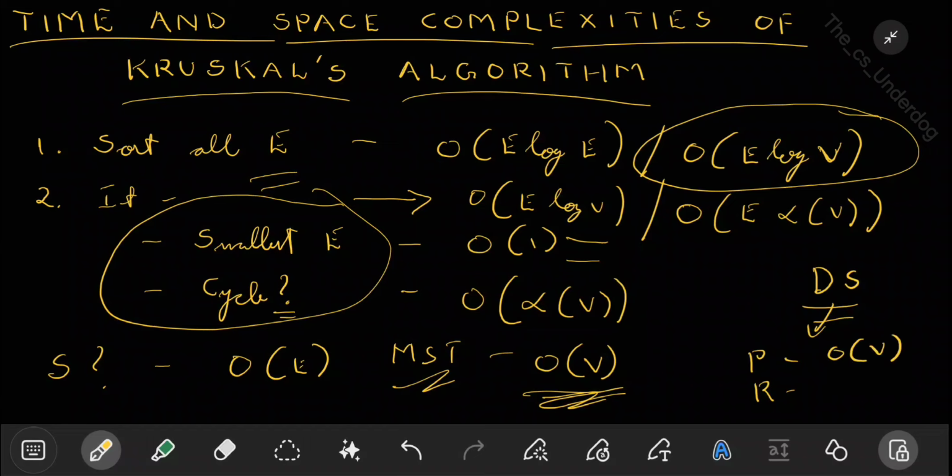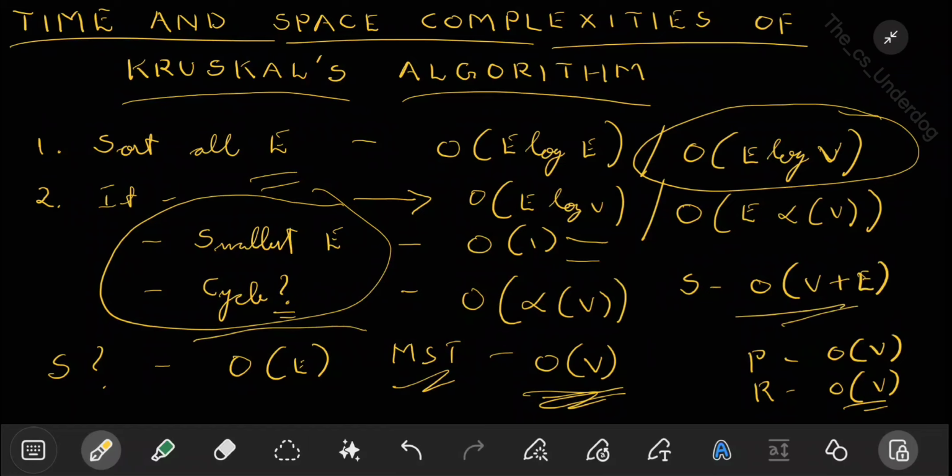Similarly, for the rank array also, you have to take order of V space. So the total space complexity will be order of V plus order of E, or you can say the space complexity for Kruskal's algorithm is order of V plus E. That is considering order of E taken for the edges and order of V taken for storing the MST and also for the parent array and rank array.